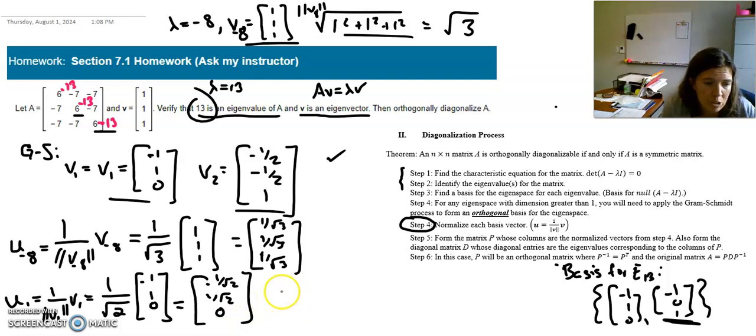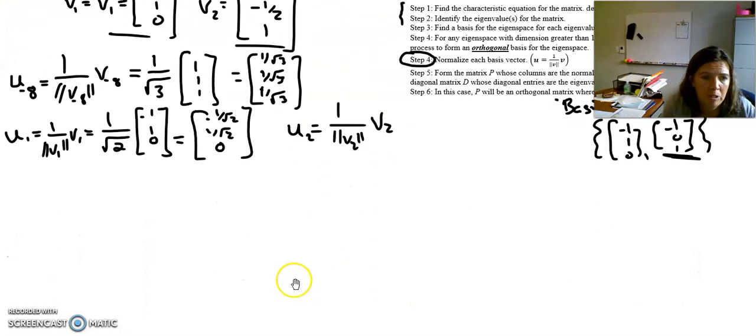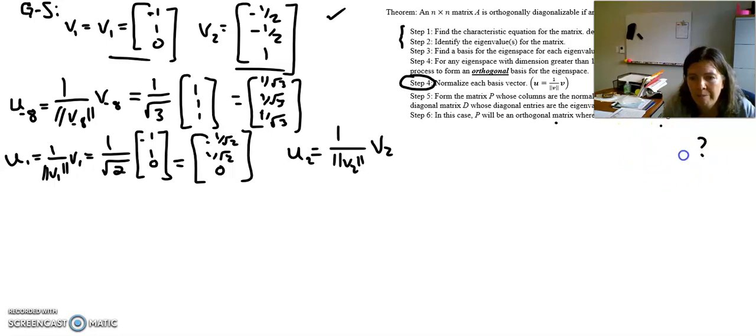And then U2, 1 over the length of V2 times V2. I'll move this up to give myself room. Oh, I need to see V2 though. Okay, length of V2. I guess we don't need this anymore.